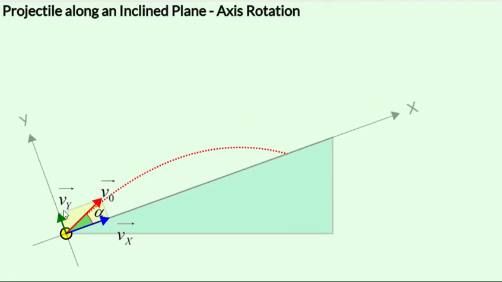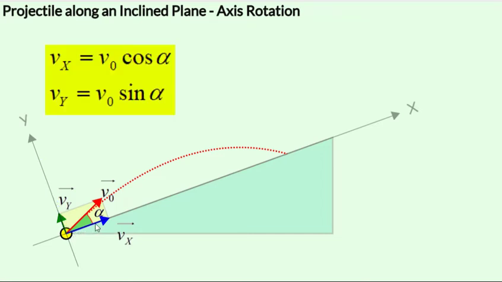Therefore, Vx, or the x component of velocity, will lie along the incline and will no longer be horizontal, and Vy, the y component of initial velocity, will be perpendicular to the incline and not vertical as earlier.